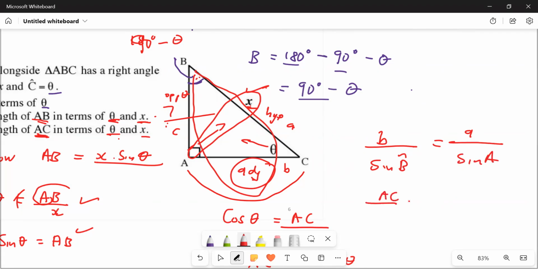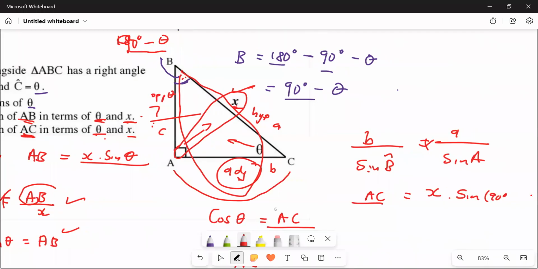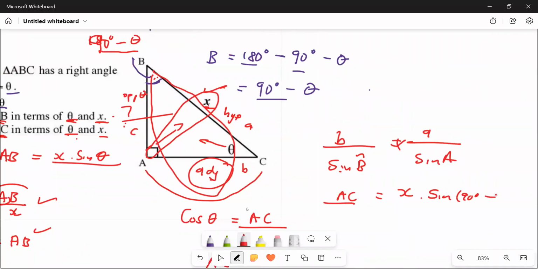Cross multiply. What is a? It's x. So AC is going to be x multiplied by the sine of p. We already told them p is 90 degrees minus theta. So this is going to be the sine of 90 degrees minus theta all over the sine of A.